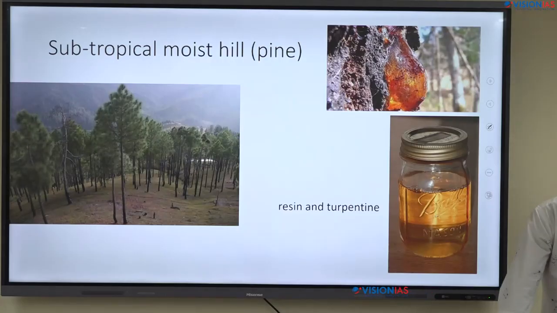Kashmir, Himachal, Uttarakhand, Arunachal, and Nagaland. Nagaland also, and some portion of Manipur. Were you able to find this?